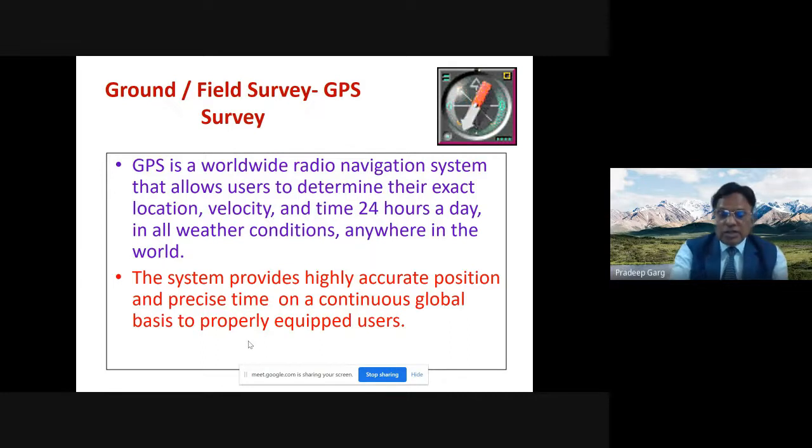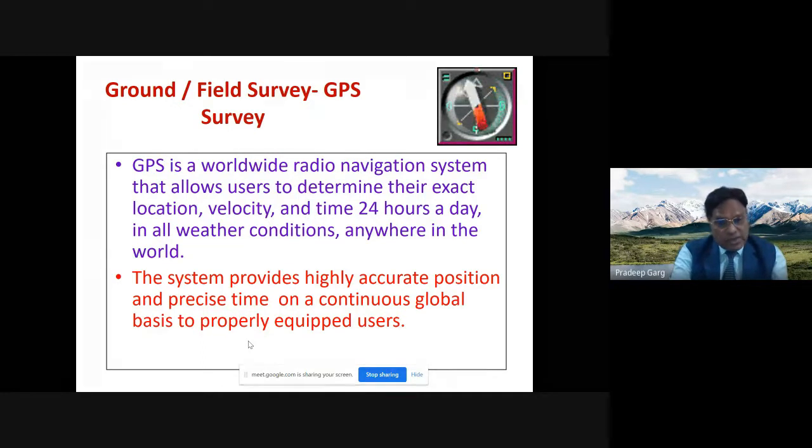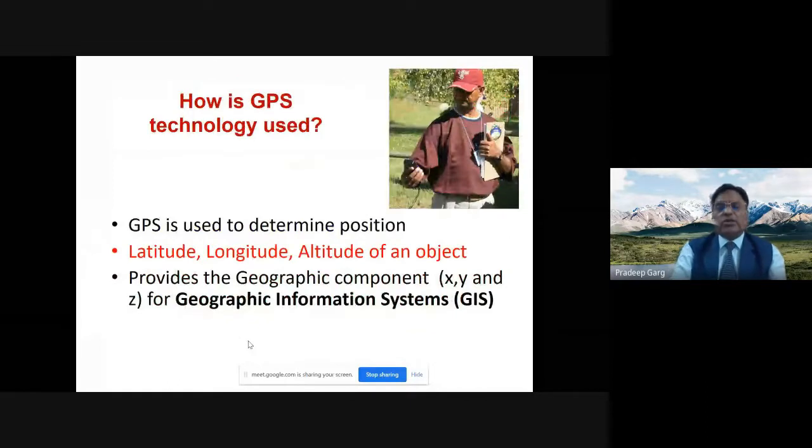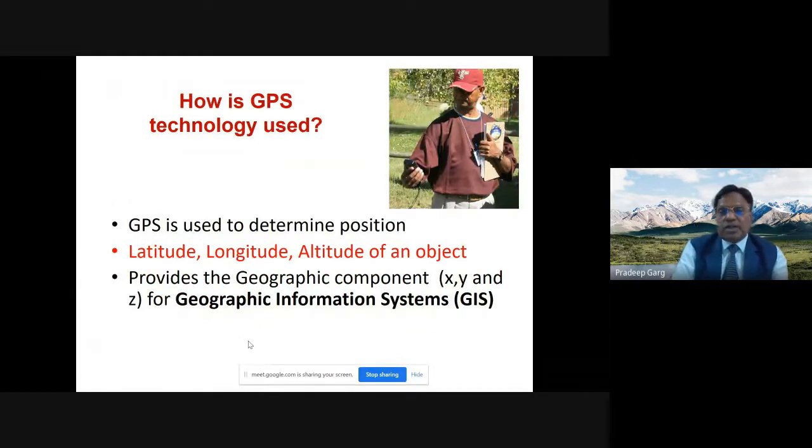But in general, the people say X, Y, and Z coordinates. So it provides us X, Y, and Z coordinates whenever we use this instrument in the field for any object. So I want coordinates of, for example, the electric pole. So I will just stand near the electric pole and get the coordinates of that particular location.